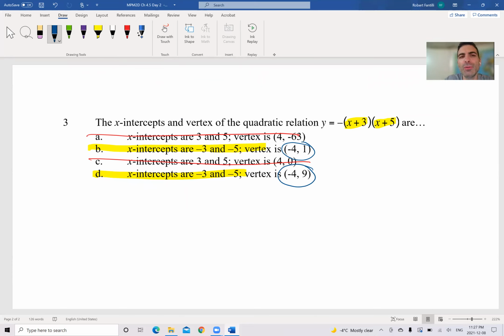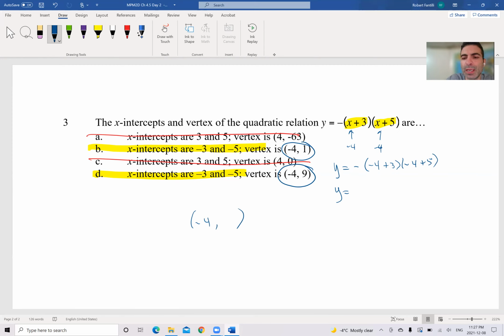Now, the good news is you can use some common sense here. Both of these choices have -4 as the x value. So the quickest way, using test strategy, would be for me to just sub in -4 for x there and -4 for x there. So let's do that first. y = -(x + 3)(x + 5), put in -4 plus 3, -4 plus 5. We're figuring out when x is -4, what y is.